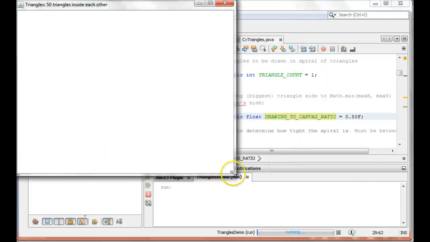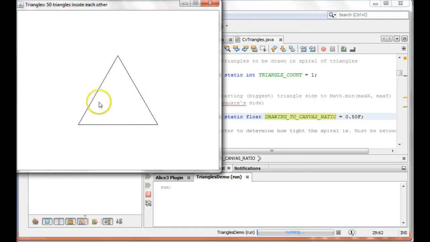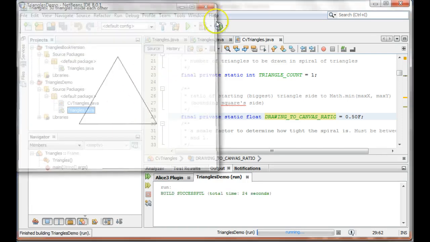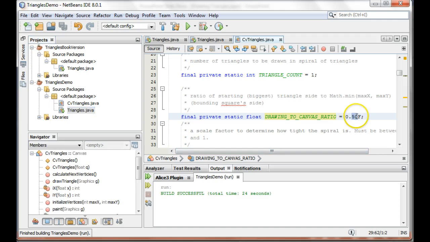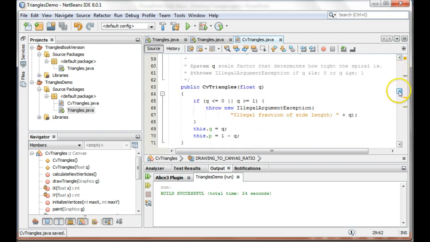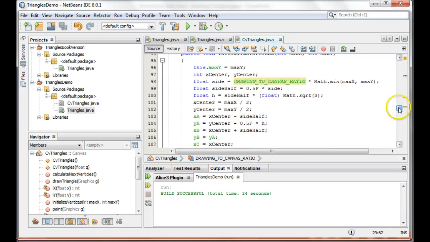The ratio of triangle side length to the min-max XY of the canvas is smaller. Okay, so I'll just put this back. So that's what's going on for our side.